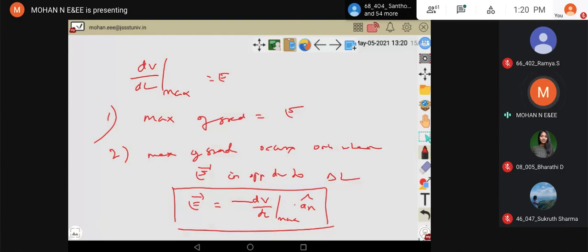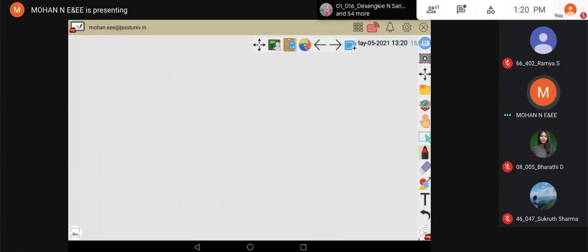Okay, so the equation shows that the magnitude of V is given by the maximum rate of change of V when the direction of E is normal to the surface, that is in the direction of decreasing potential. This is a very important concept, and E will be equal to what?